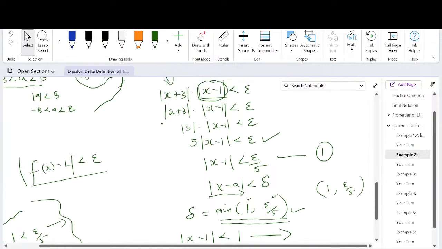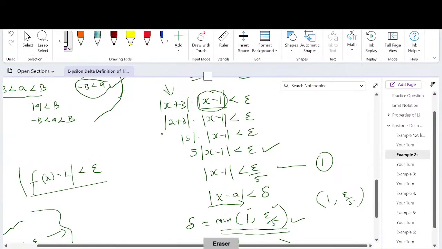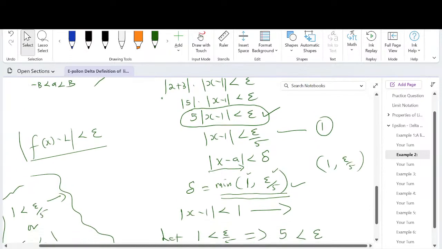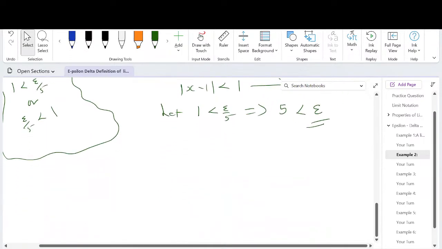I want to go back to this one, where we substitute the value of delta, just like we did under the linear function. I think I can write it elsewhere, for you to understand.